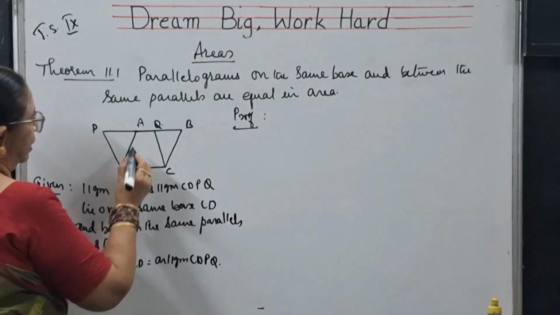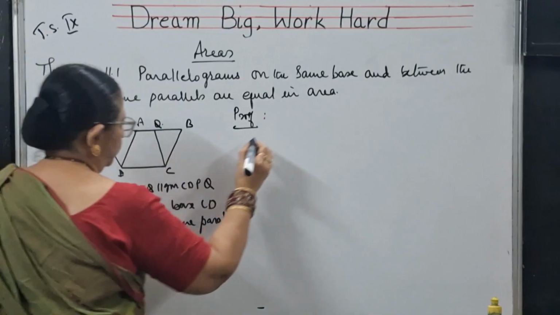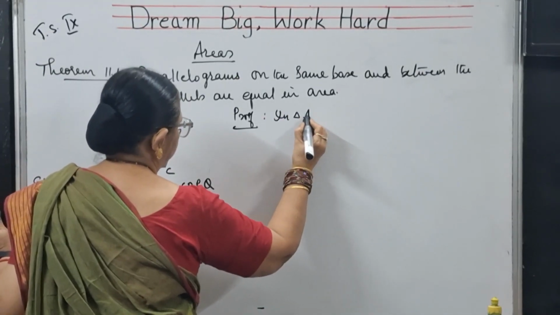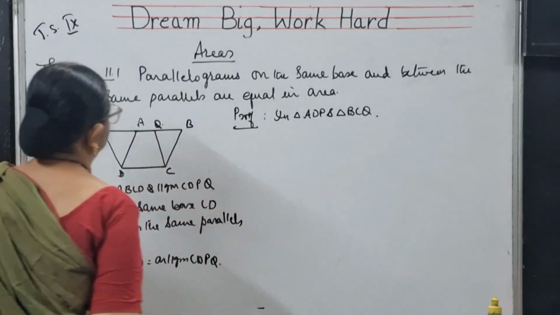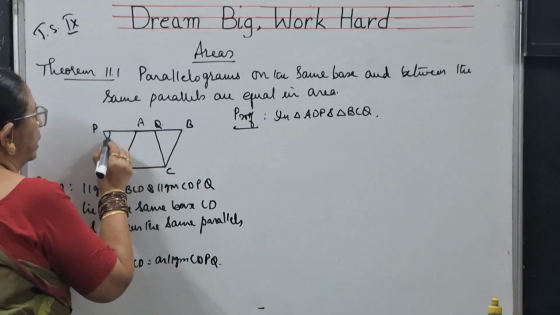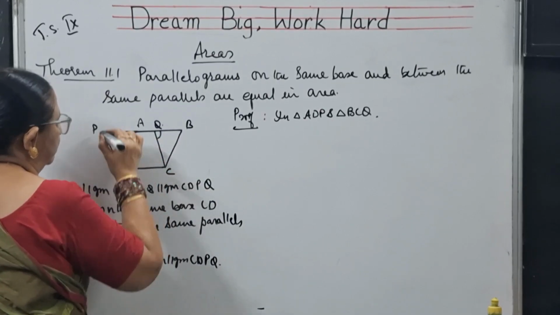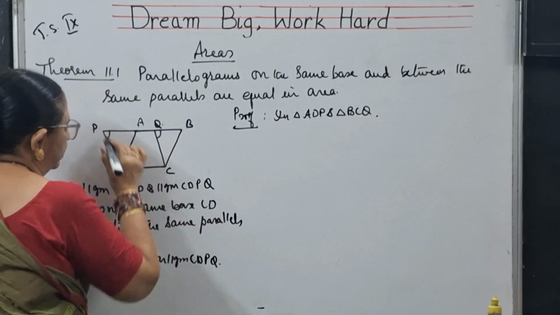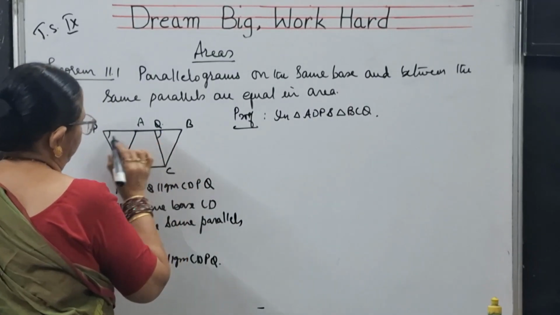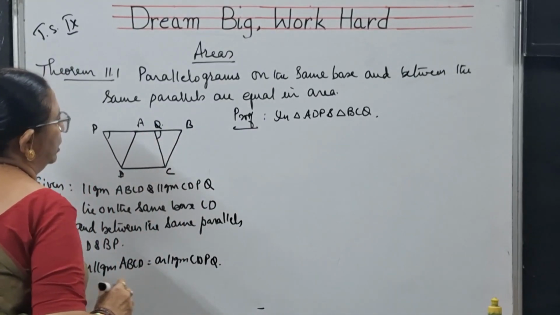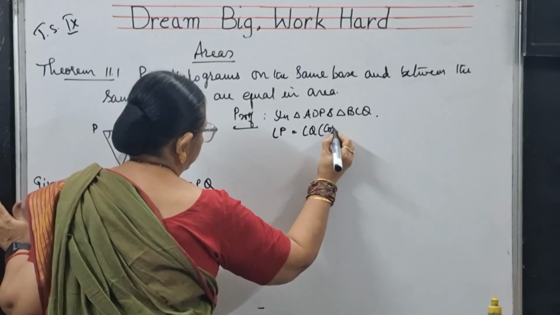First let us take triangle ADP and triangle BCQ. In these two triangles, angle P is equal to angle Q because they are corresponding angles. PD is parallel to CQ, so this becomes the transversal. These two are corresponding angles.